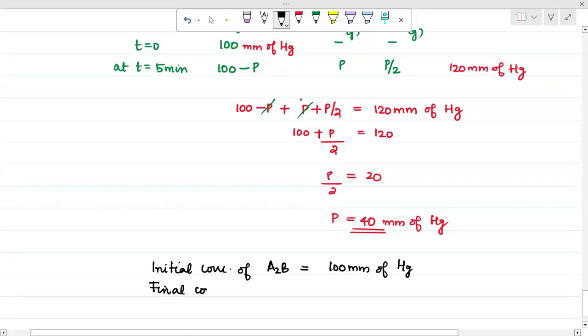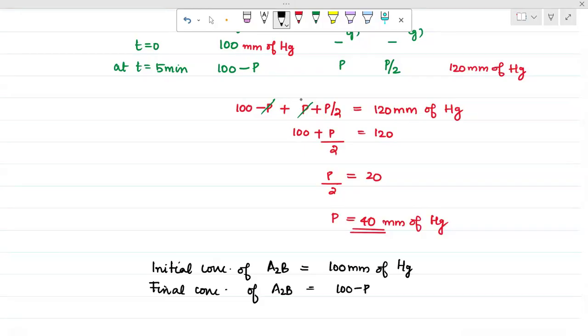Final concentration of A2B was 100 minus P, as we didn't know. Now P is equal to 40. So 100 minus 40 is equal to 60 mm of Hg. Correct?